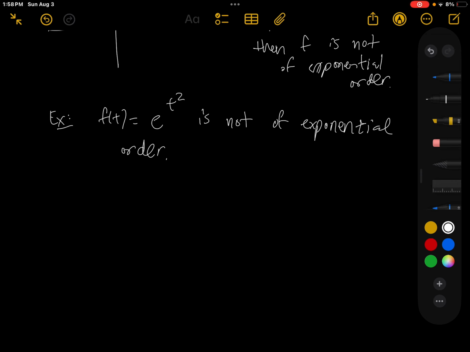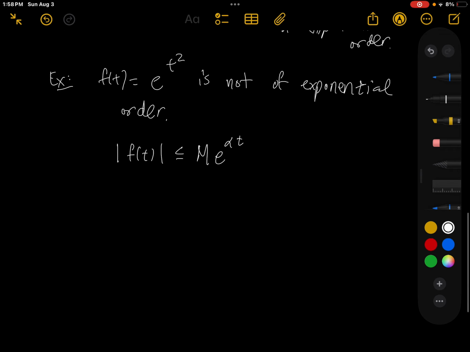First of all, this is always a positive function, so the absolute value of f is just f in this example. But in general, we would need that f of t is less than or equal to some m e to the alpha t, and this needs to eventually be true for all little t past a certain point. So we need this to be true in order for f to be of exponential order.